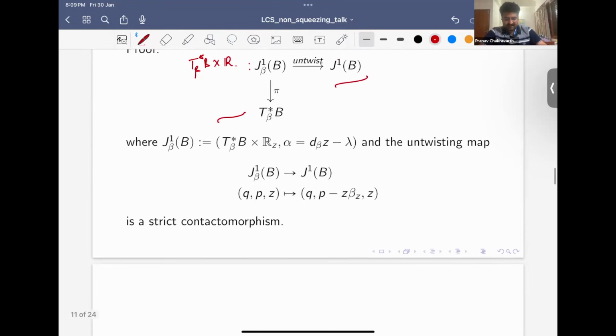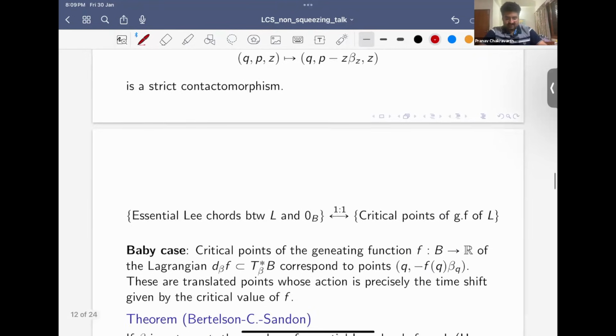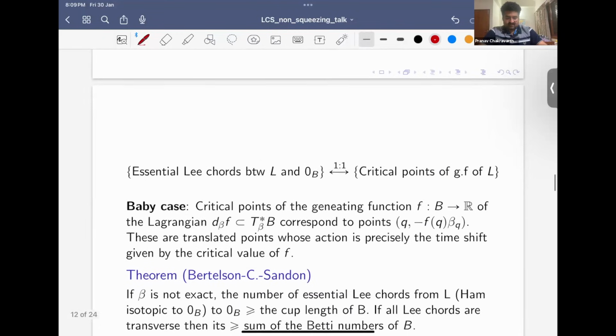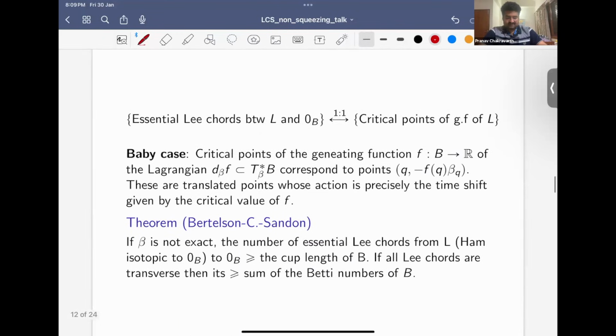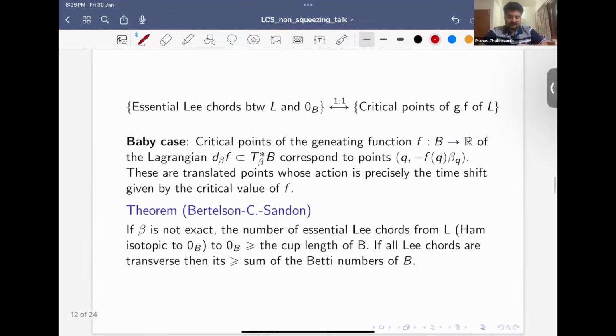Okay, so once you have generating functions, we can easily check that the critical points of these generating functions in fact correspond to essential chords. So these are, again, just to remind you, chords for which the total action was equal to the time shift.